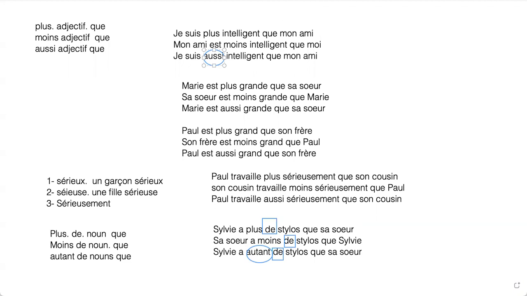And we can also compare the verb. But the only difference that we have here in the verb, when we want to compare the verb, is that we need to not have any space between plus and que.